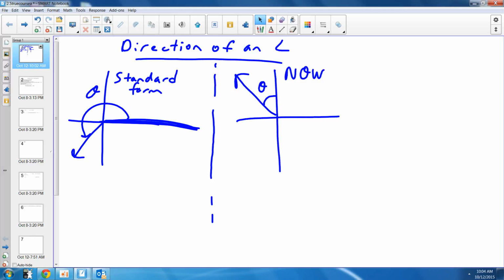The third way that we're going to see today to label an angle is from the north line. The way they say it is from due north.